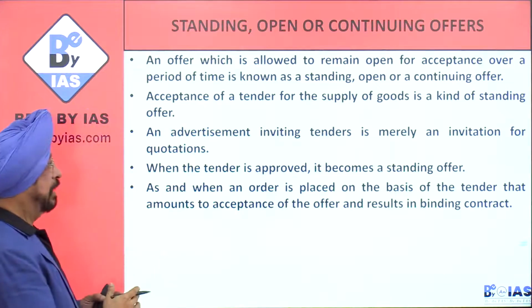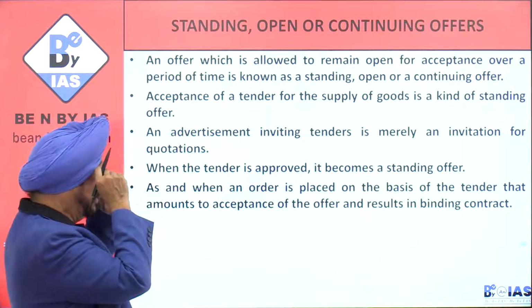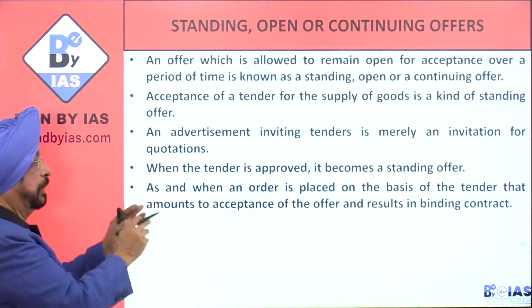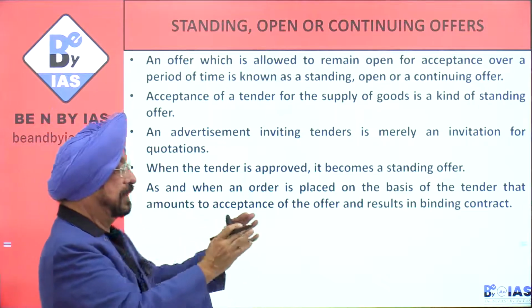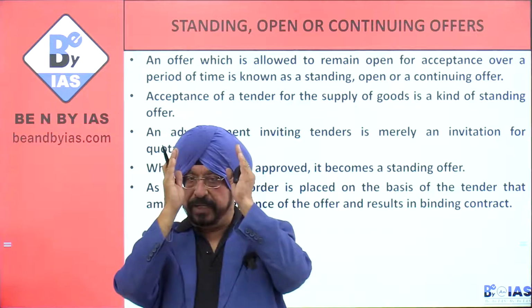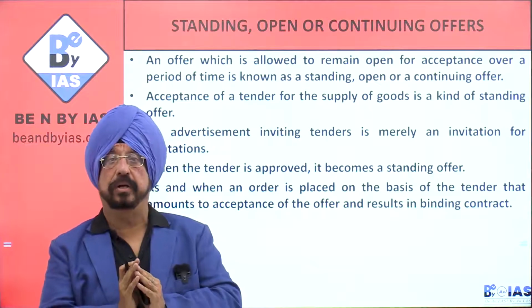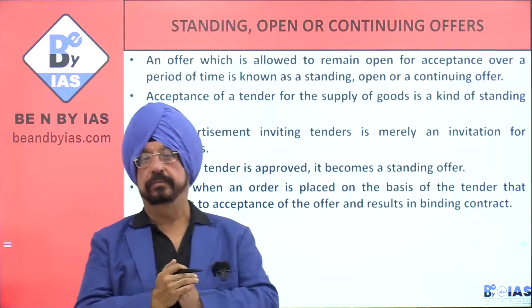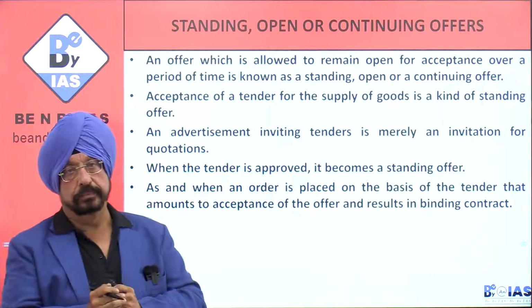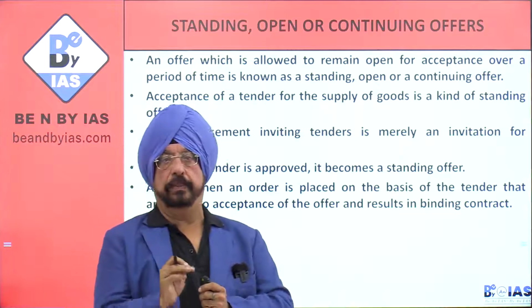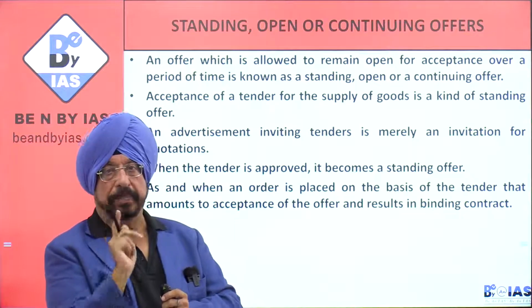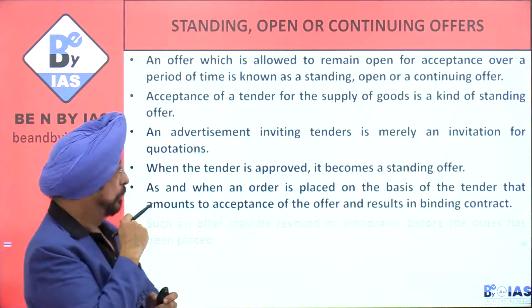As and when an order is placed on the basis of the tender, that amounts to acceptance of the offer and results in a binding contract. So each and every order, what is that called? That is called a supply order. So each supply order will be a separate contract.